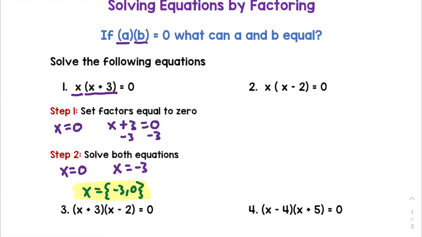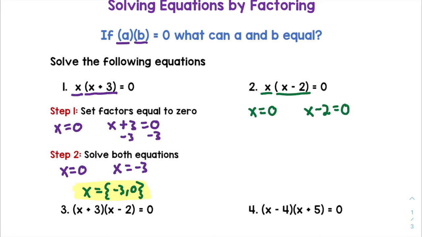Let's go on to problems 2, 3, and 4, in which we're just going to follow these two steps, setting the factors equal to 0. In problem number 2, our first factor is x and our second factor is x - 2. Factors are the expressions being multiplied together in order to get a product.